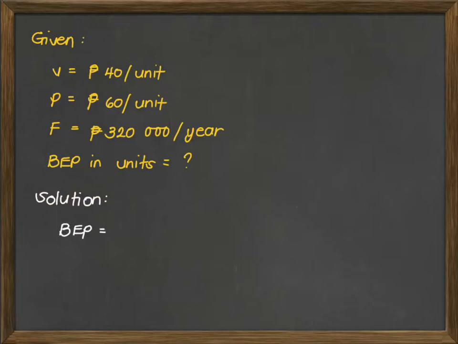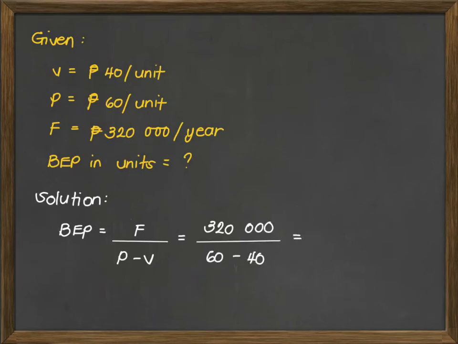Using the formula stated in the previous slide, we have F over P minus V. We are just substituting the values here. Your F is 320,000 divided by 60 minus 40, it will give us 16,000 units per year.